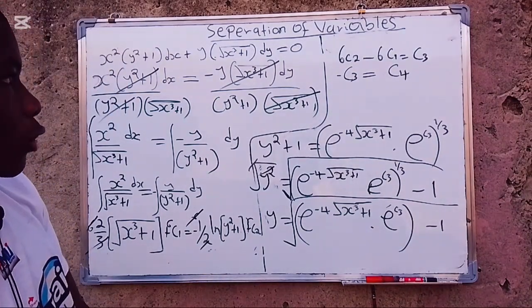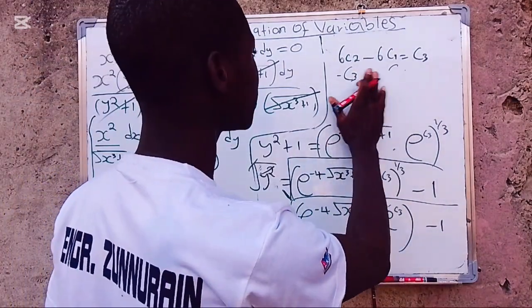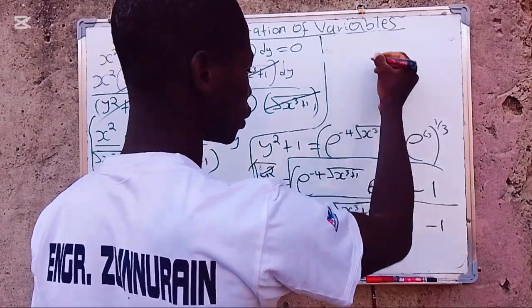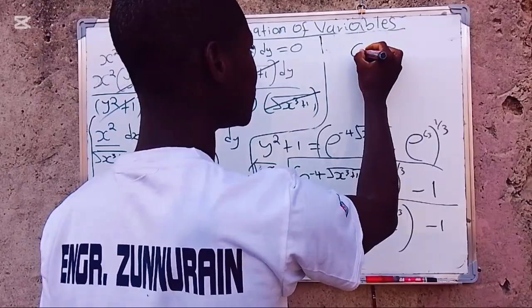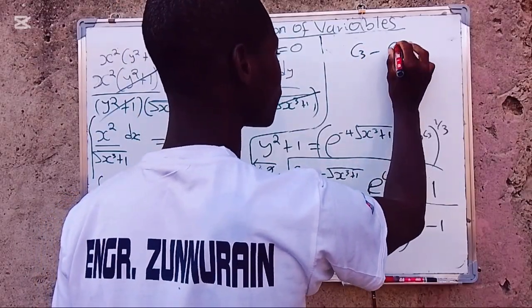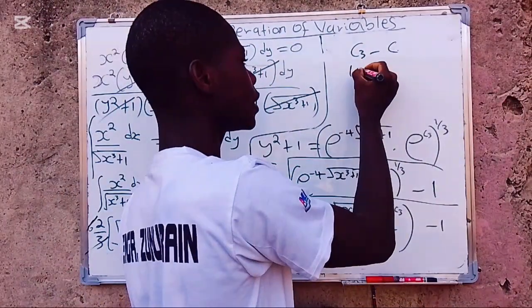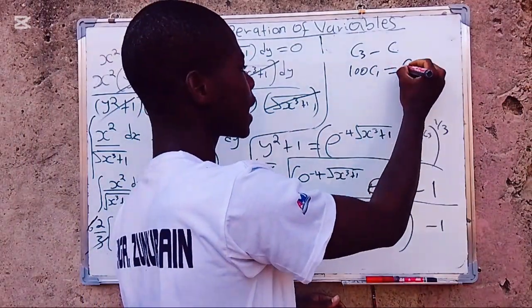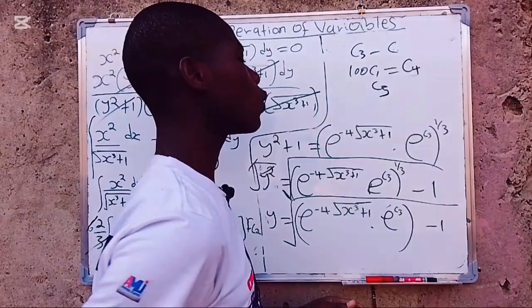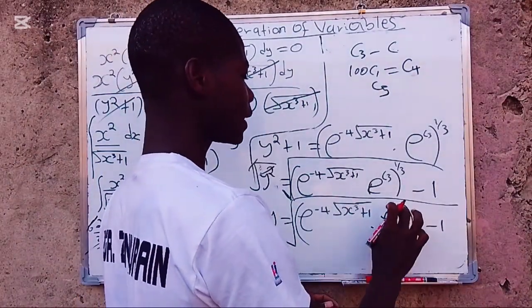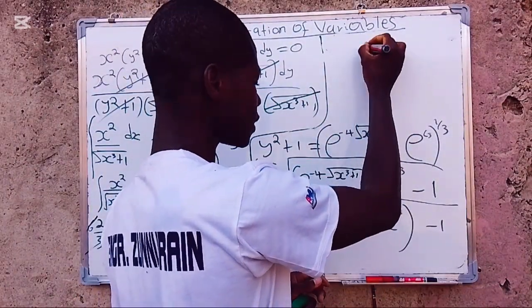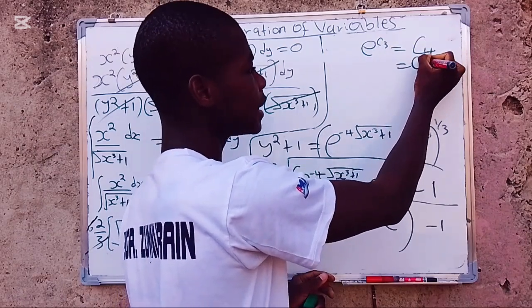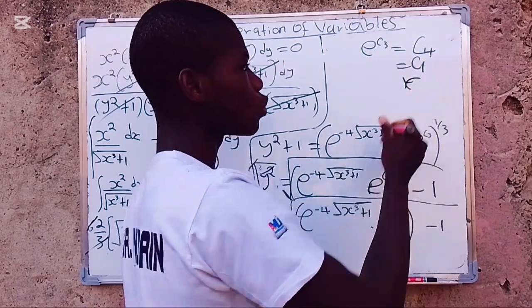So am I done or not? So therefore I can also say this should now be, this is c3. You have to take note that even if I say 100 c1, it means 100 constant. So therefore I can replace it as c4 or c5 or anything else. So this is the same thing as saying e raised to the power of c3, I can reset it as c4, or I can say it is c1, or k or something else.